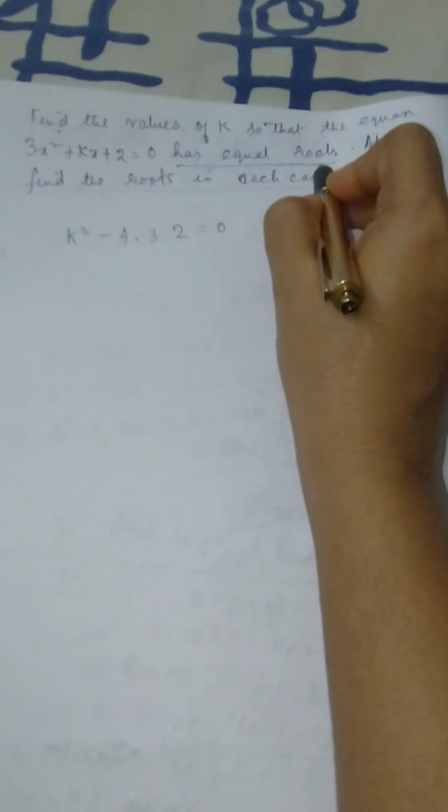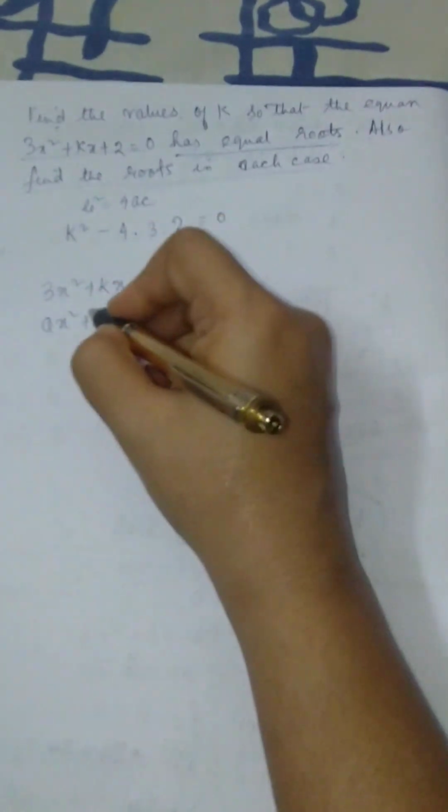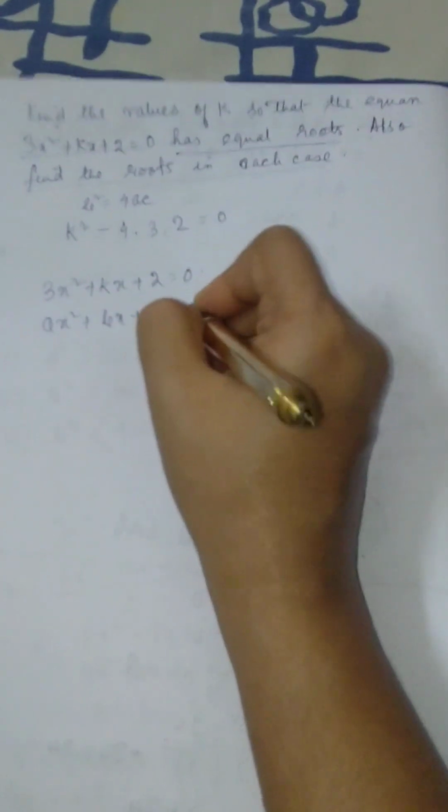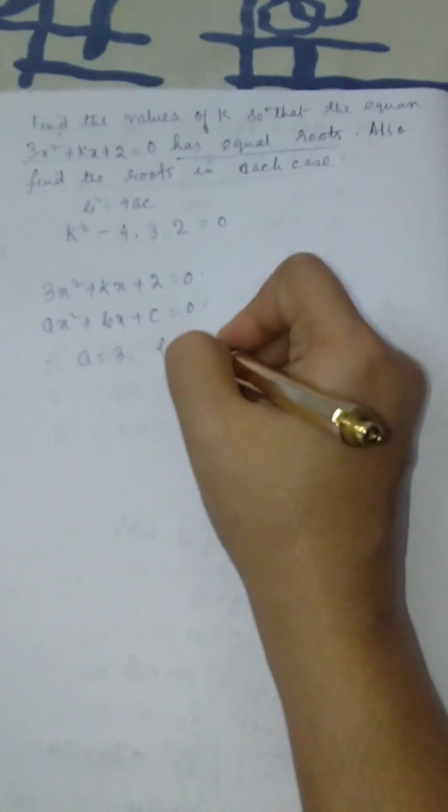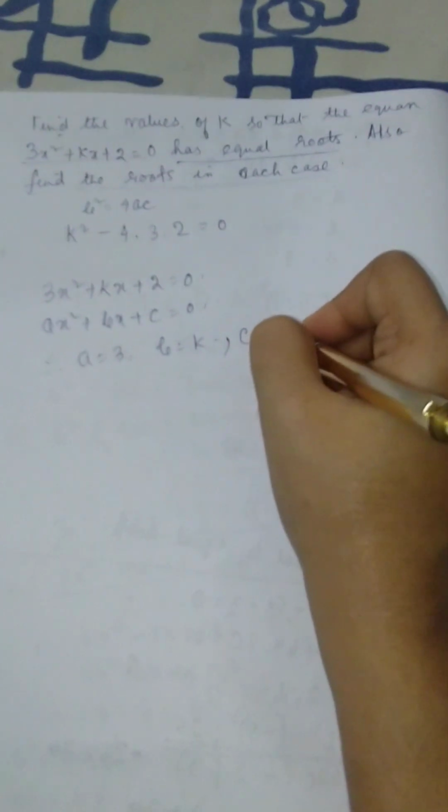Because already it has been given that this equation has two equal roots. That means it will follow b square equals 4ac. And if we compare 3x square plus kx plus 2 with the equation ax square plus bx plus c equals 0, we will find that a equals 3, b equals k, and c equals 2.